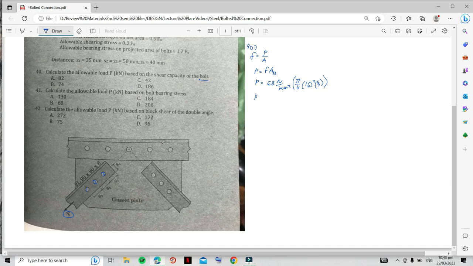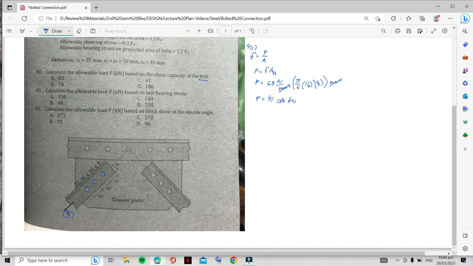Solving this, you have the force P. The area will be in mm squared, so if you cancel this, you are left with the Newton unit. I had 41.0616.